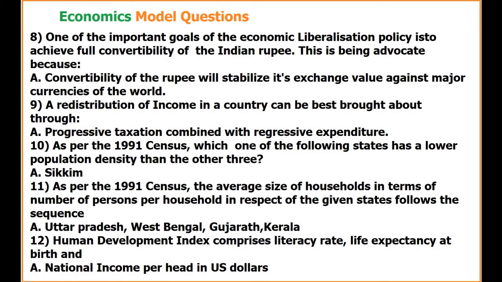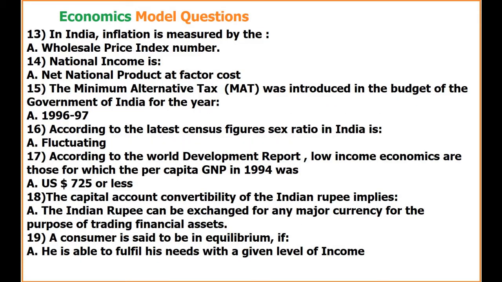The 12th one: Human Development Index comprises literacy rate, life expectancy at birth, and the answer is national income per head in US dollars. 13th one: in India inflation is being measured by the wholesale price index number. National income is net national product at factor cost.